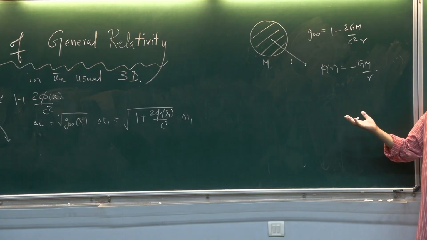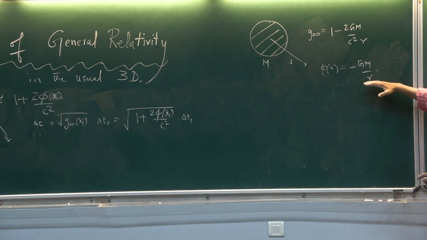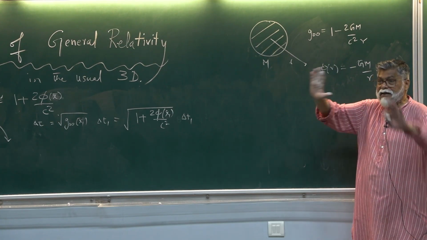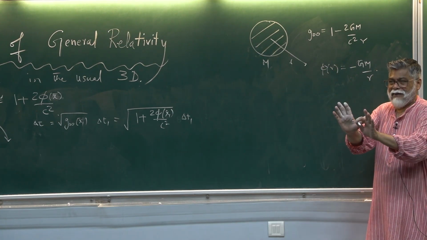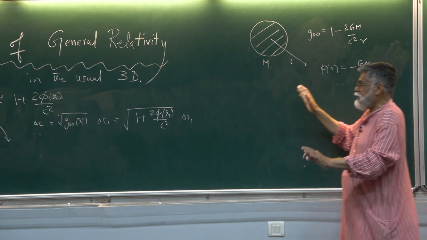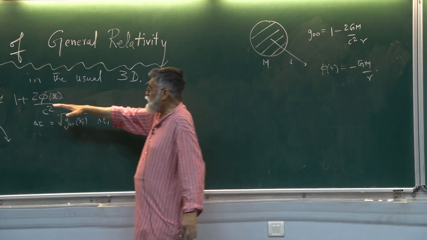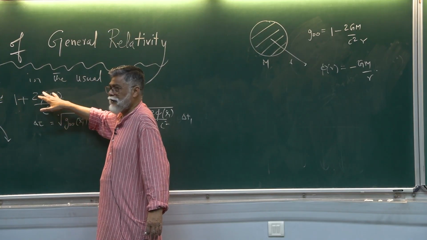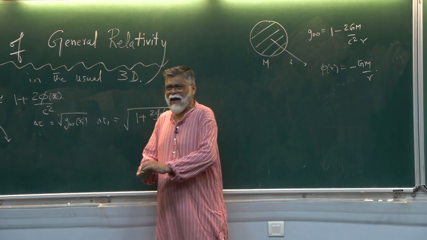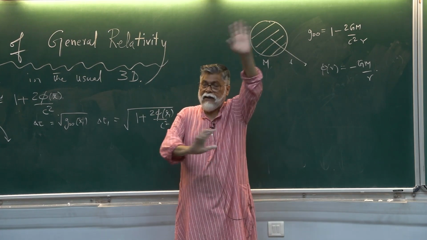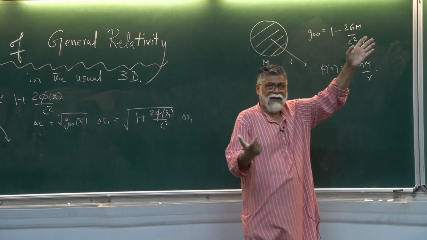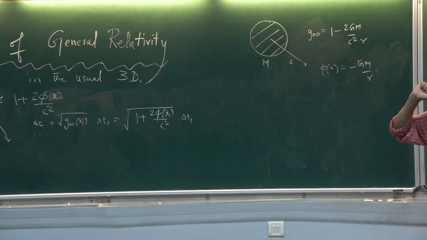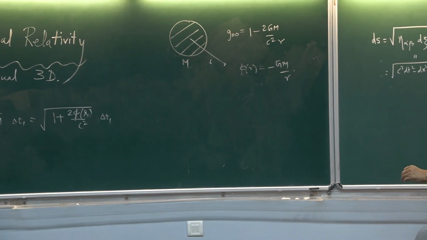But it turns out that this one is an exact result for a spherically symmetric distribution. For a spherically symmetric distribution, actually g00 is not approximately equal, it is equal to 1 plus 2 times the Newtonian potential by c square. Again, what is mass and all, that's a separate question. Which mass are you using? That's where ADM mass comes in, and I don't want to go into those details. Those are also subtleties.